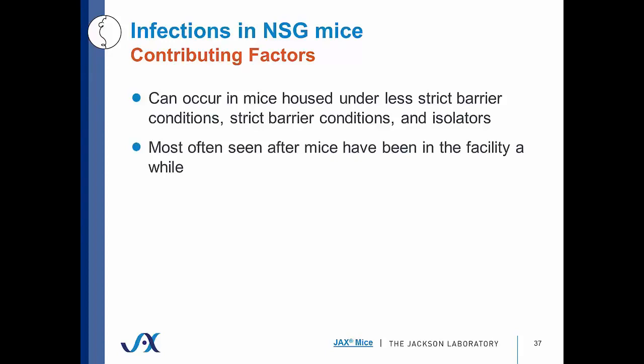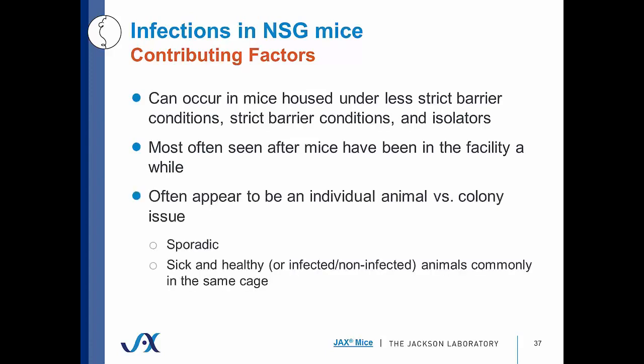These infections are most often seen when mice have been maintained in the facility for a long time, so it's thought that this increasing pathogen load finally reaches a threshold to become pathogenic, to cause infection. And finally, they often appear as an individual animal versus a colony issue, and it's not uncommon to see sporadic infections and see sick and healthy mice within the same cage due to this increased risk of infection.